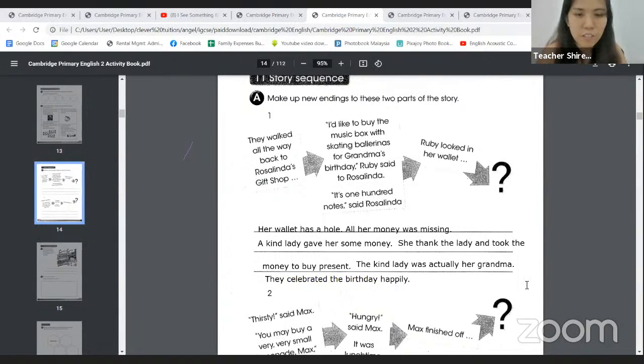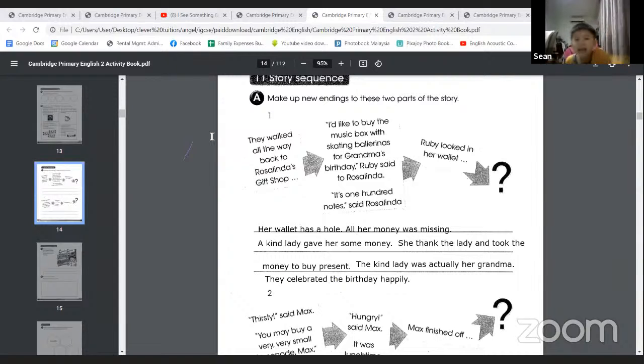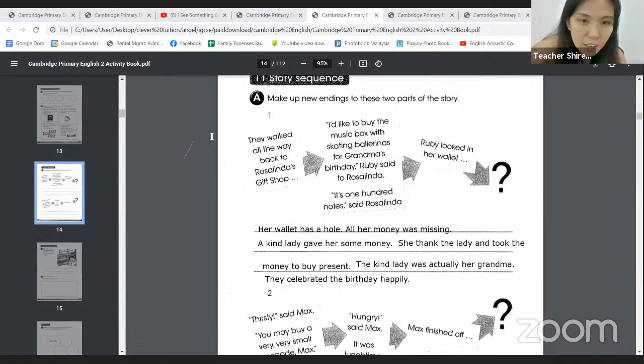So instead of Ruby using her own money, at the end of the day, Ruby used the grandma's money to buy a present for grandma's birthday. Funny, right? Yes. Yeah, because it's a story, that's why it's a little bit wrong. So this time got 1, 2, 3, 4, 5, 6 sentences. Okay.